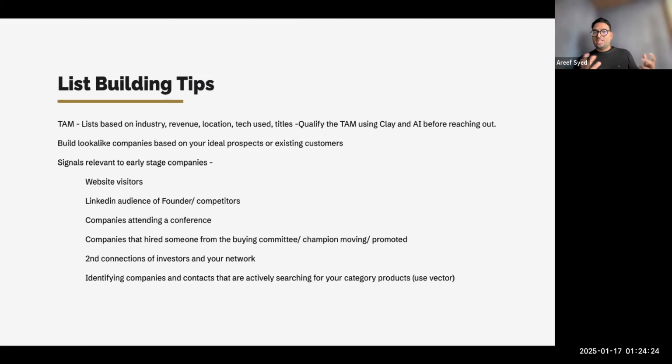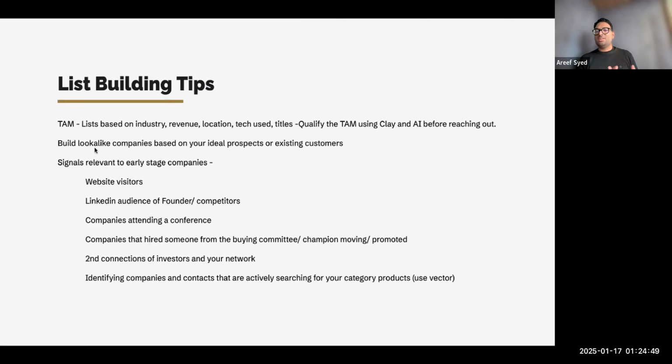And honestly, reaching out to 10,000 or 20,000 people, these mass lists, can actually impact your spam rates also. So you would want to be more and more relevant. That's the reason why tip number one is to always make sure that you're qualifying your list. You're not using it as it is from Sales Navigator or Apollo. So that's one.